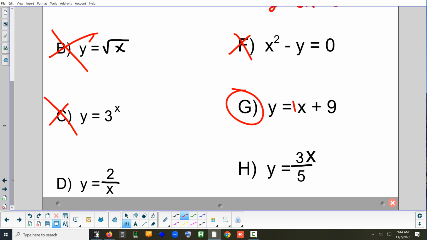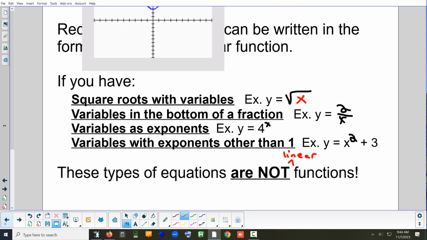Is it linear? No, it's not. Why not? Variables at the bottom of the fraction. So we have a 2 divided by x. You're not allowed to have a variable in the bottom of a fraction. So that one is non-linear. Any of these things make it non-linear.